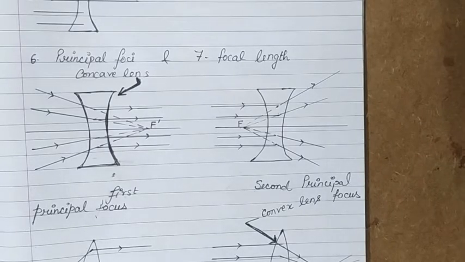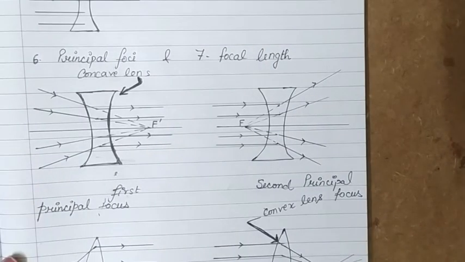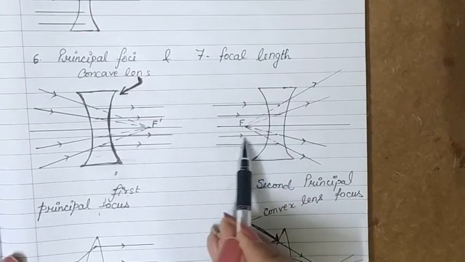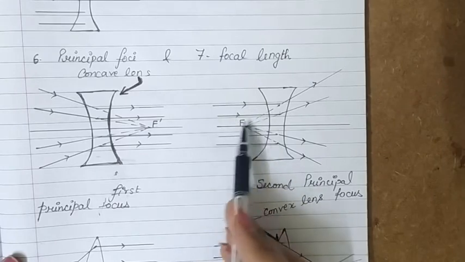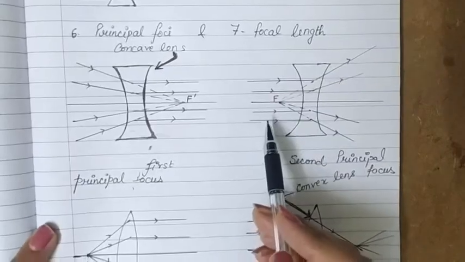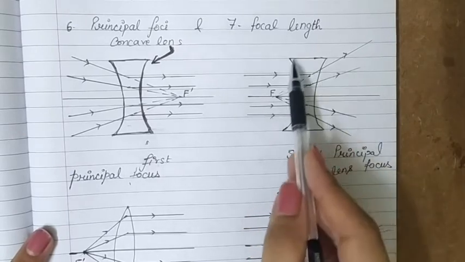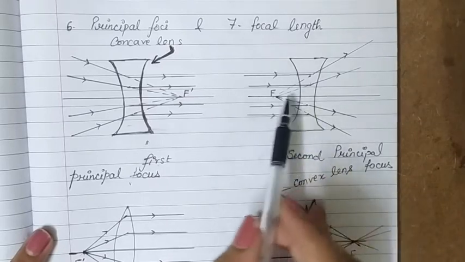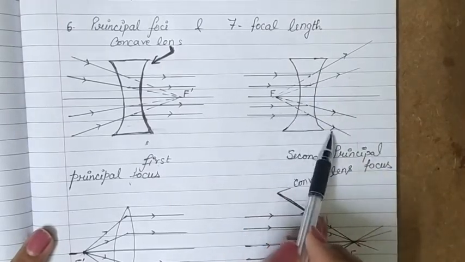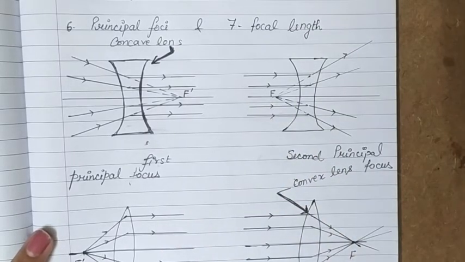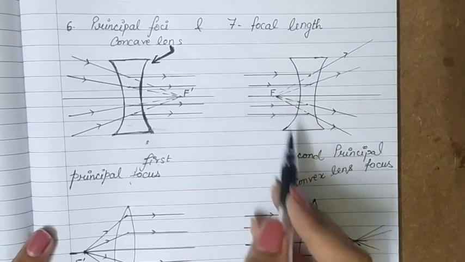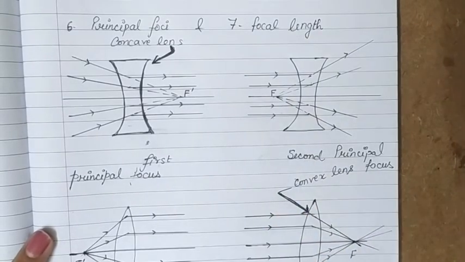So the second principal focus for concave lens we can define like this: it is the point on the principal axis such that the light rays that are incident parallel to the principal axis, after refraction through the lens appear to diverge from this point. So these light rays are diverging from the lens, but it appears that they are coming from this point. They appear to diverge from the point F. Then this point is called the second principal focus of the concave lens.